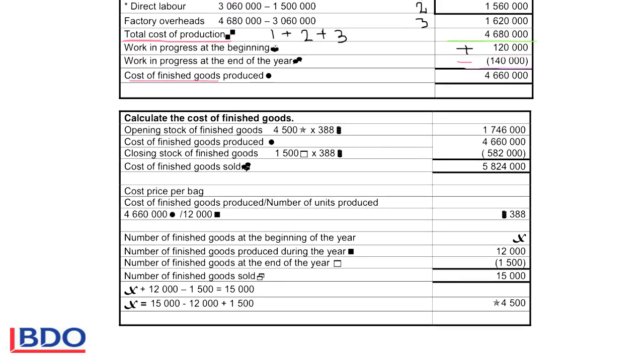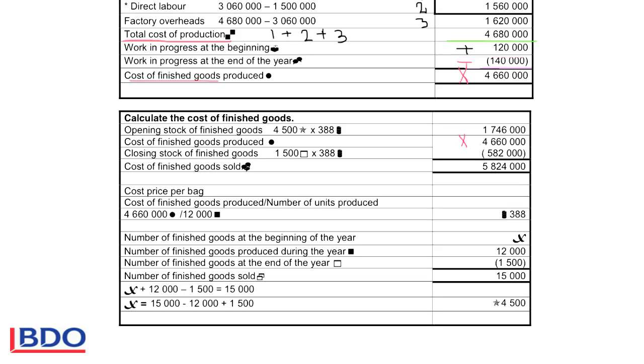If we want to calculate the cost of finished goods, we need to know what was the opening stock of finished goods. We have to know what is the cost of finished goods produced. Now that information is already given because this cost of finished goods we calculated in the production cost statement, and we can use that here.